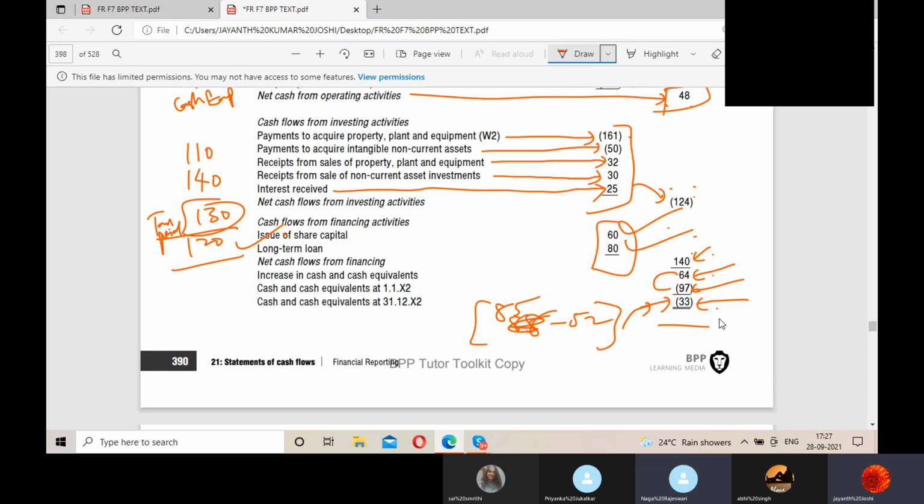Do we have class today at 9? No, cash flow statements, today we are winding up. Then we will take the financial reports class tomorrow. That would be the last chapter I'll be covering in F3 and F7 combined.